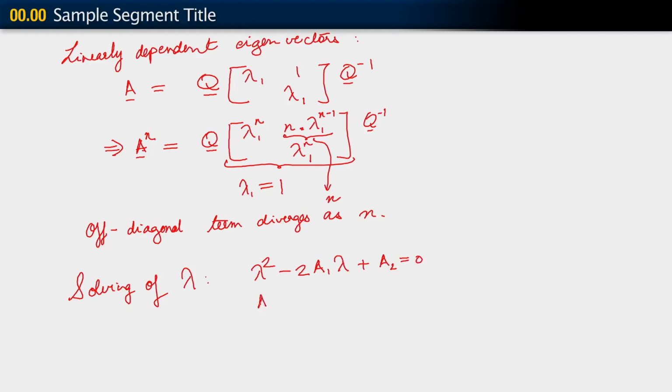Here a1 equals 1/2 trace of A, and a2 equals the determinant of A. It's just a simple quadratic equation, so we get lambda 1, lambda 2 equal to a1 plus or minus square root of a1 square minus a2, I believe.